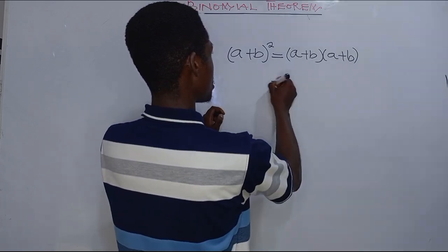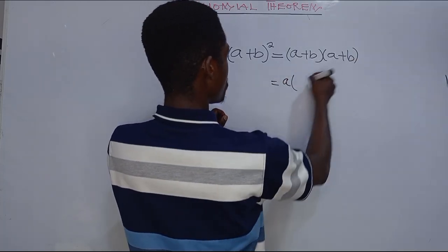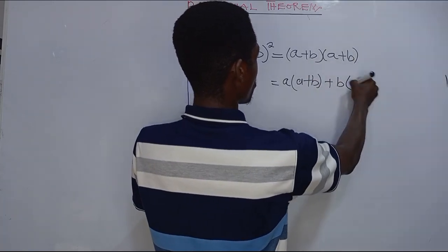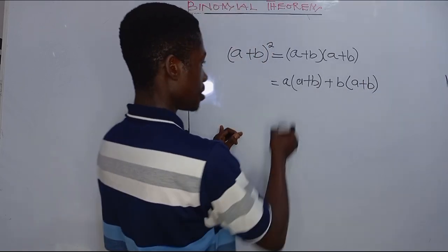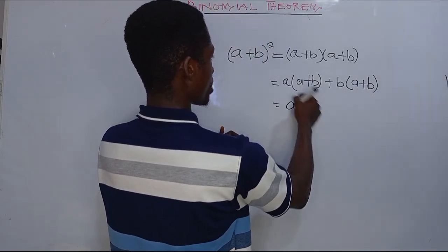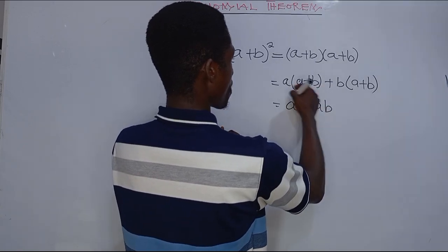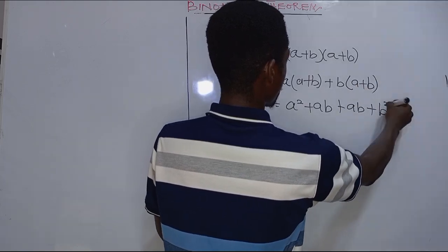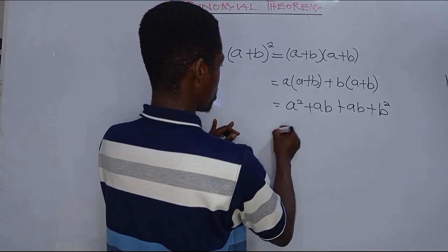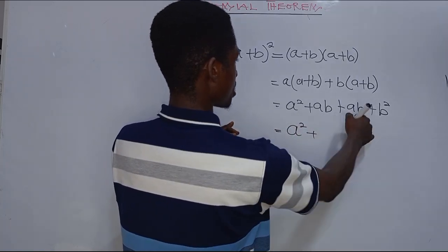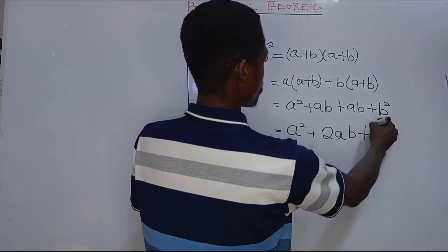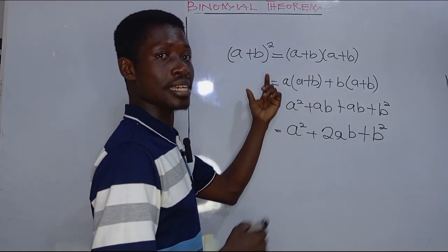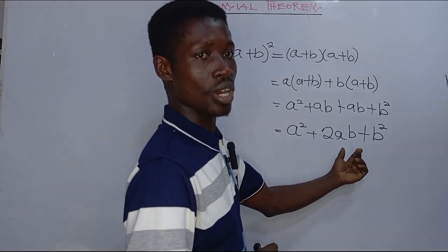So we are going to have A multiplying the whole of the second bracket plus B multiplying the whole of what? The second bracket. So we have A squared plus AB plus AB plus B squared. Then after that we simplify. This is going to give us A squared plus 2AB plus B squared. This is how we expand it, and after expanding and simplifying, this is what you are going to have.